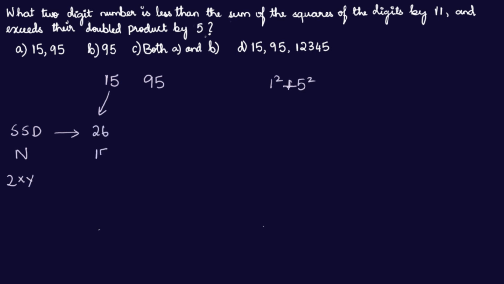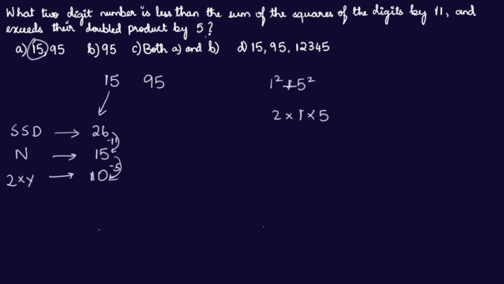The number itself is 15. 2 times 1 times 5, double the product, gives 10. So the number is less than the sum of squares by 11: 26 minus 11 is 15, so that is valid for 15. And 15 is greater than 10 by 5, so the number is greater than the double product by 5. So yes, 15 works.